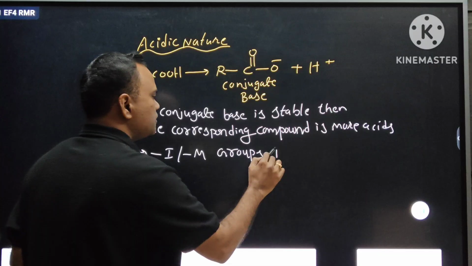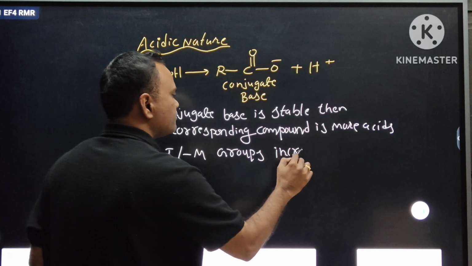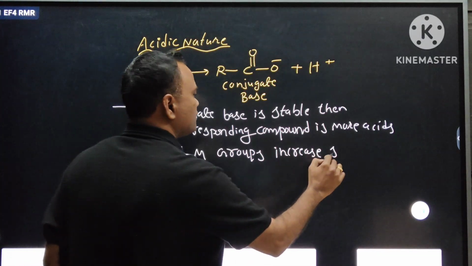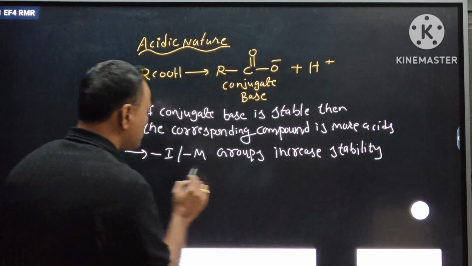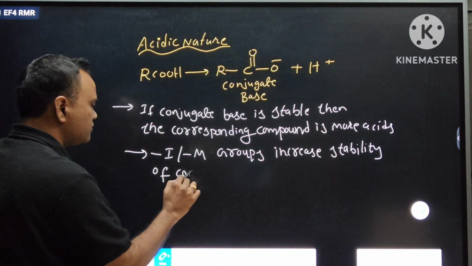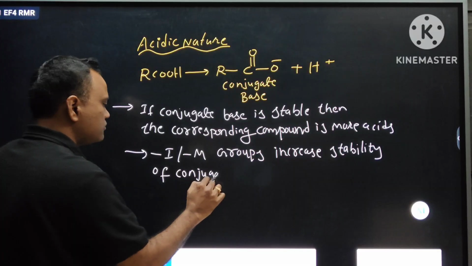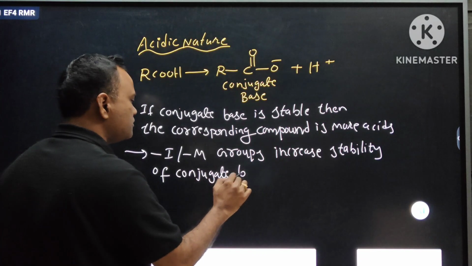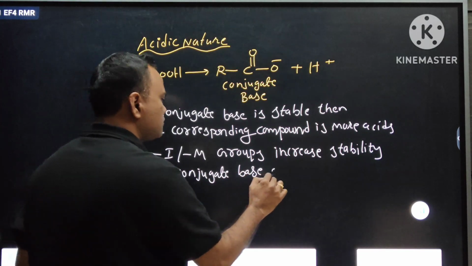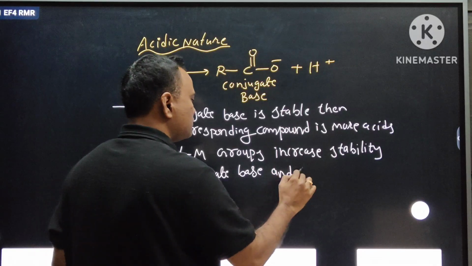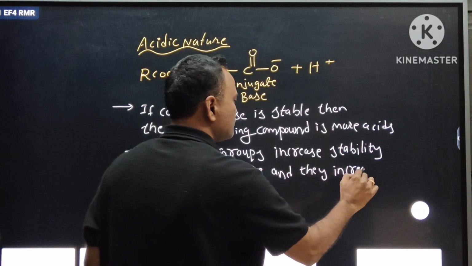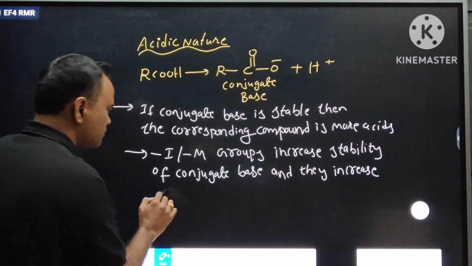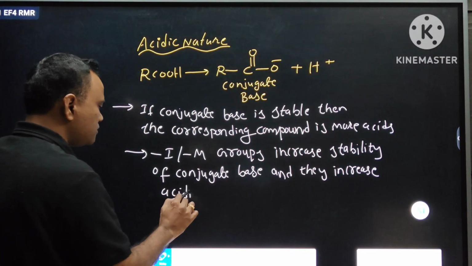Minus I or minus M groups increase the stability of the conjugate base, and they increase acidic nature. So this is the key step.